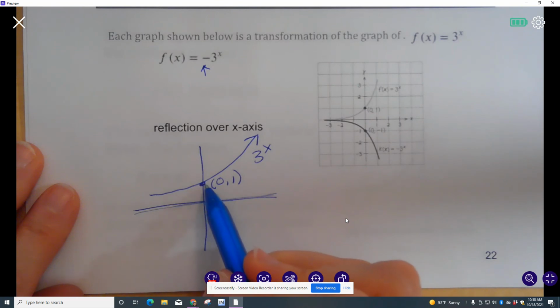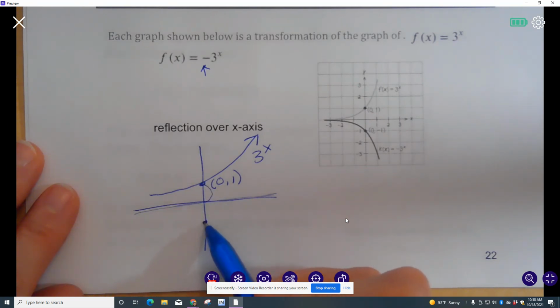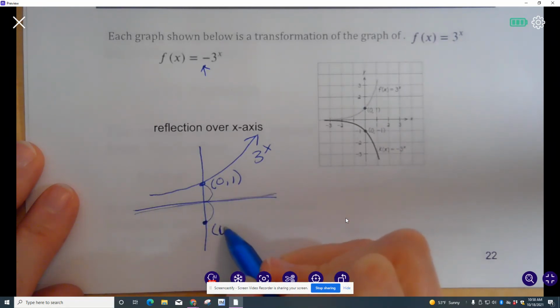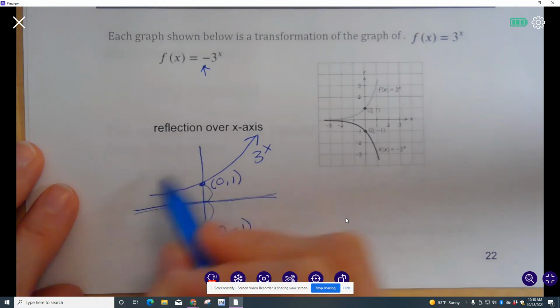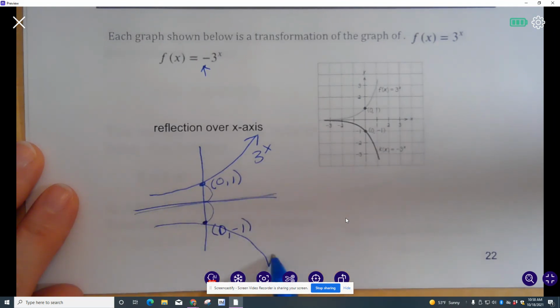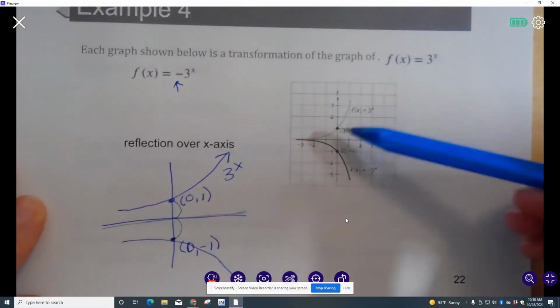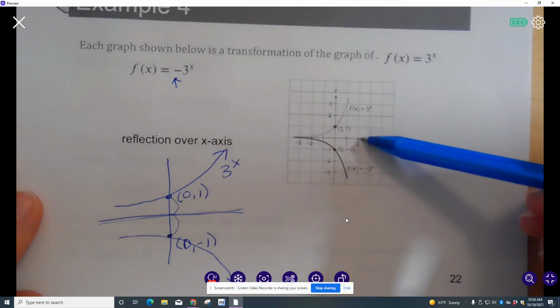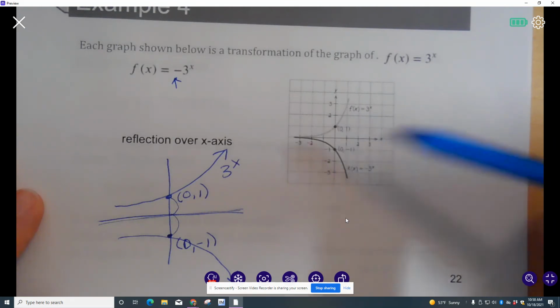So this point is 1 up from the x-axis. When I flip it over, it's going to be 1 down from the x-axis. So that's going to be at 0, -1, and then the whole graph is also going to flip. So you'll notice the y-intercept goes from 0, 1 to 0, -1 because you're reflecting over this x-axis. So it hops all the way down there.